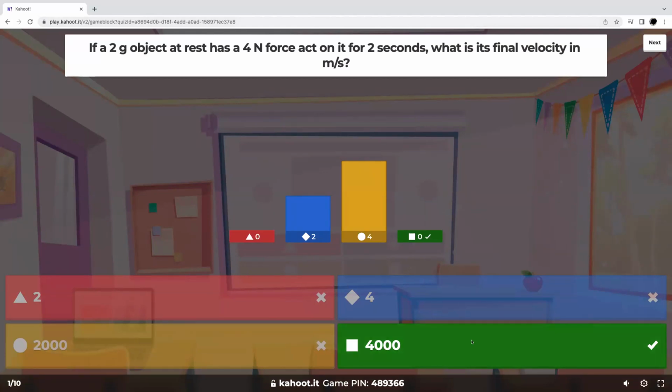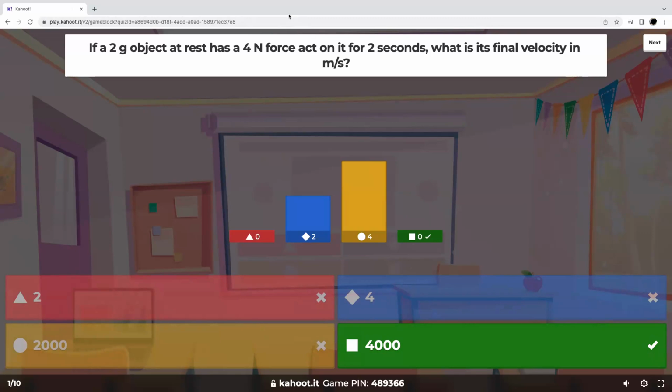Yeah, it's going to be yellow. Keep in mind, kilograms versus grams. This is grams in the question, not kilograms, so you have to convert that into kilograms first. And of course, there are 1,000 grams in a kilogram. So the force is essentially going to be 1,000 times more effective.